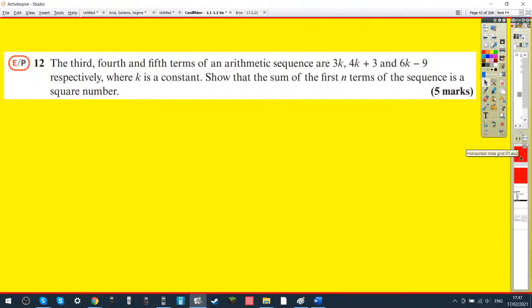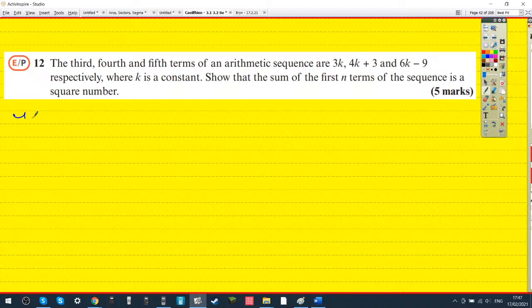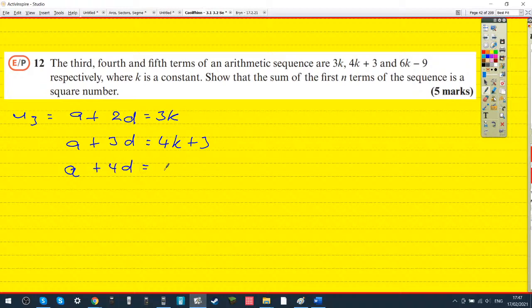I thought of an easier way because we have the calculator. So you know how U3 is a plus 2d equals 3k, a plus 3d equals 4k plus 3, and a plus 4d equals 6k minus 9.